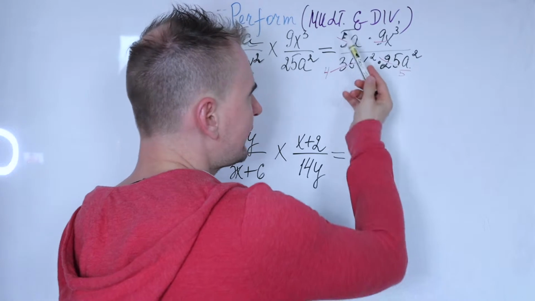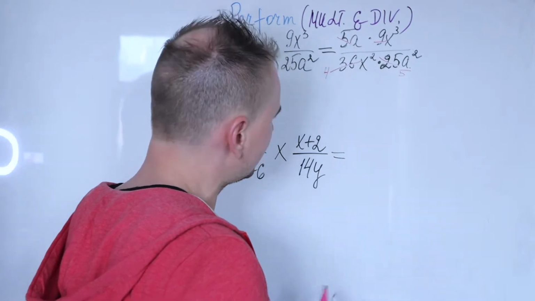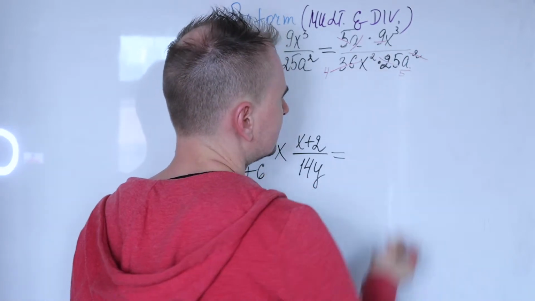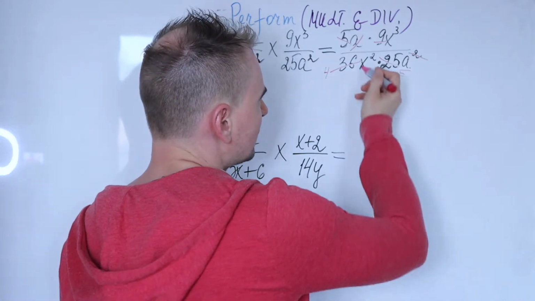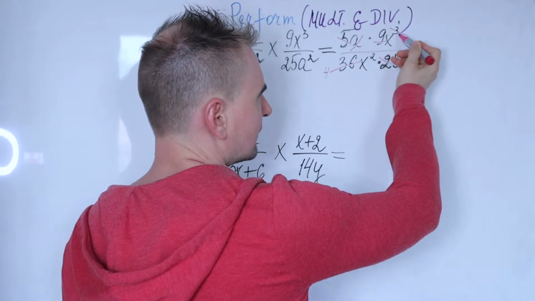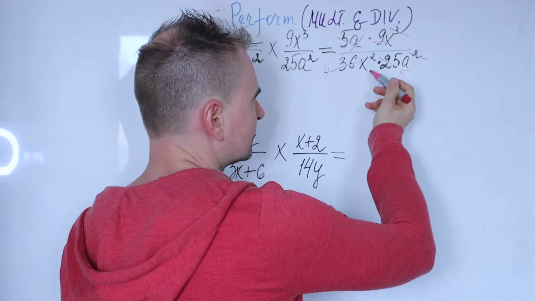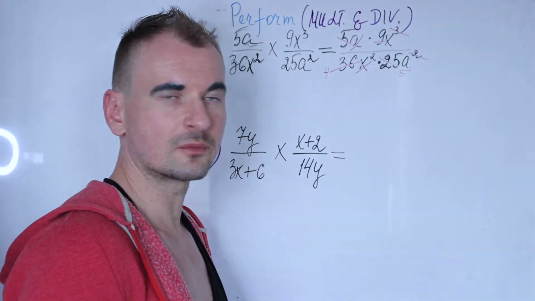Now, you have a on top and a squared on bottom, so you could simplify with a and be left with a on bottom. And with x squared, since you have x cubed on top, you would be left with just x on top, and x squared is gone from bottom.